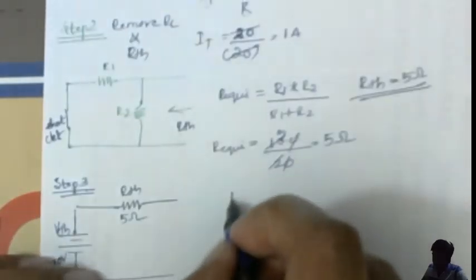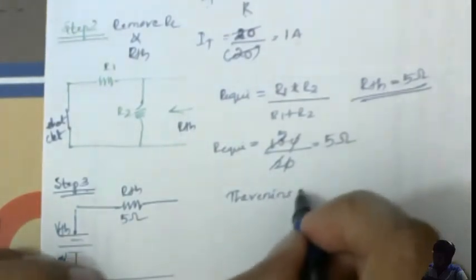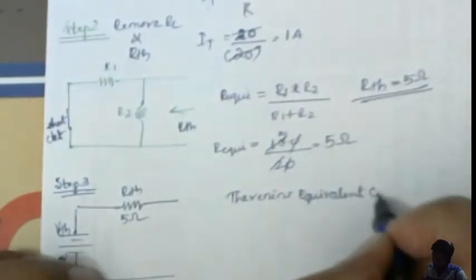This is the Thevenin equivalent circuit.